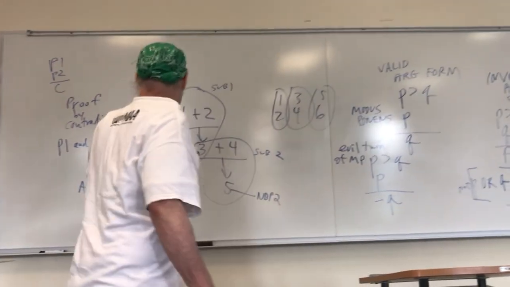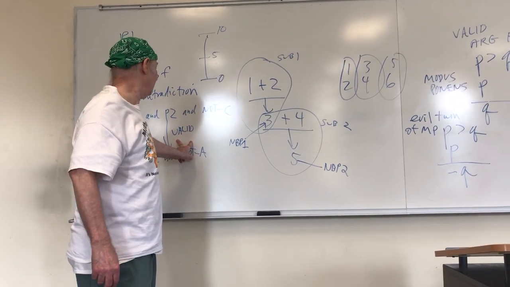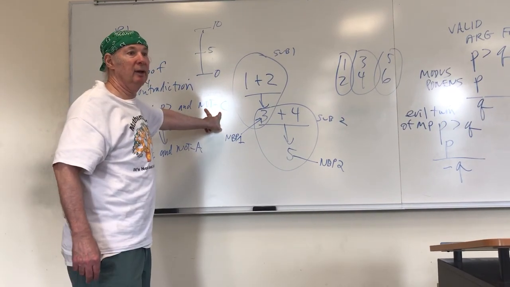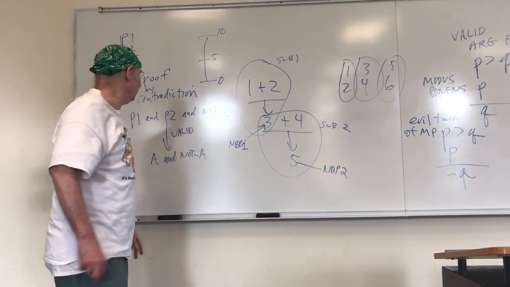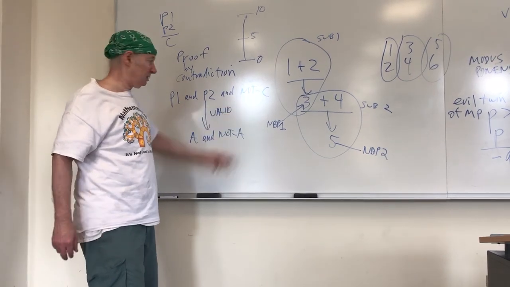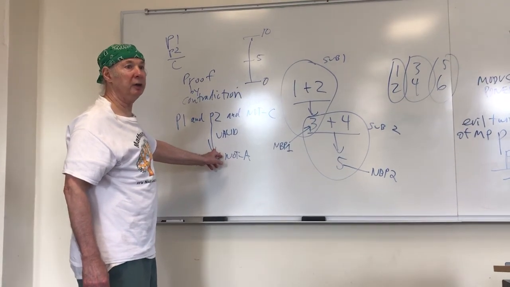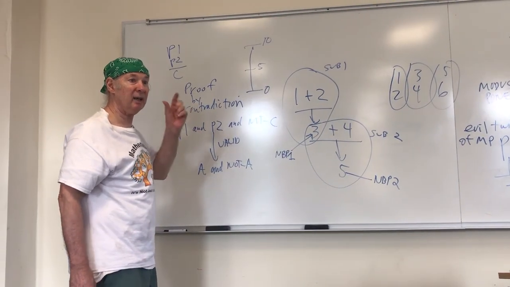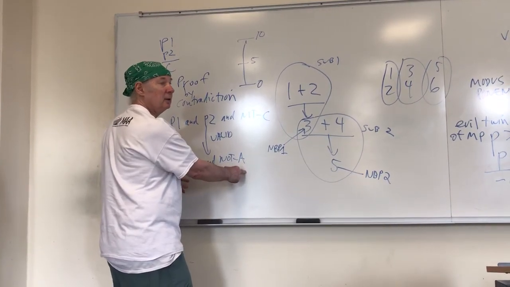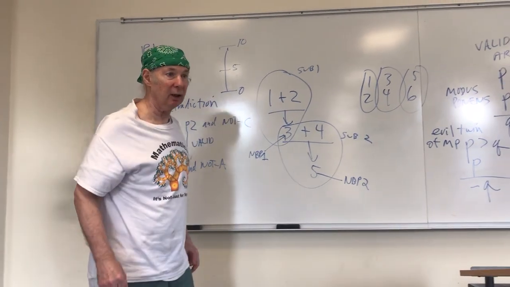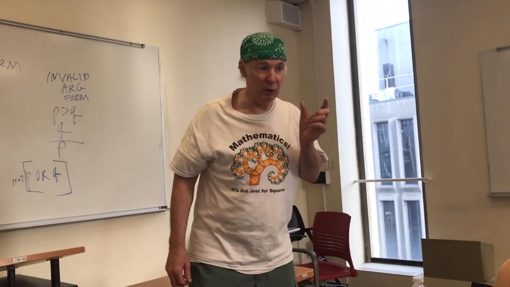But if your argument is invalid, you don't learn anything about the truth of the sentence not C. And the reason why you don't learn anything about the truth of this sentence is that if this is invalid, then all you know is that there are some set of circumstances under which this is true and this false. But you don't know what those circumstances are. All you know is there's some set of circumstances under which all three are true.